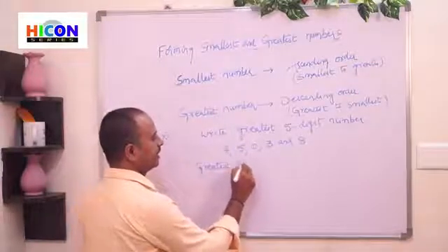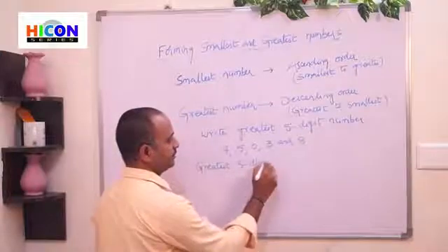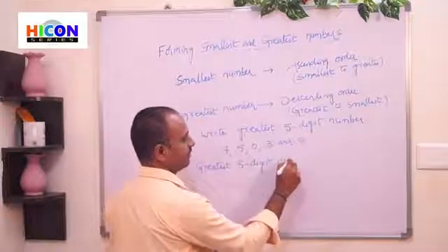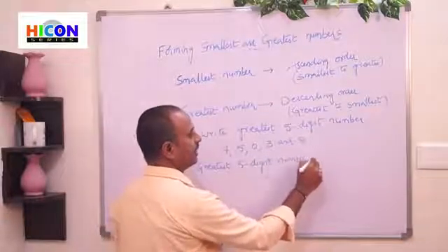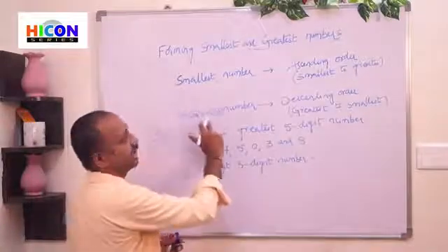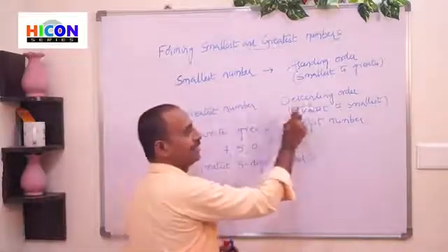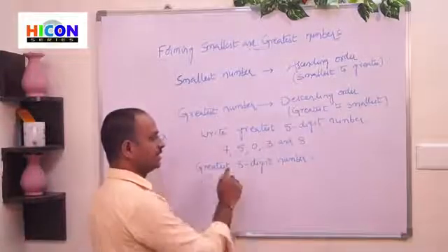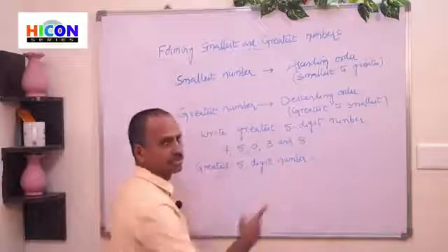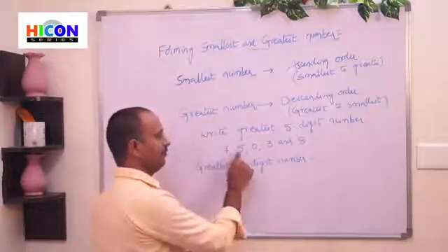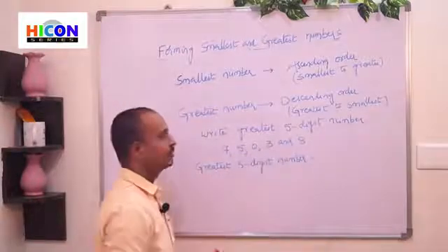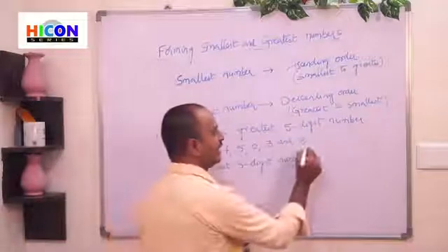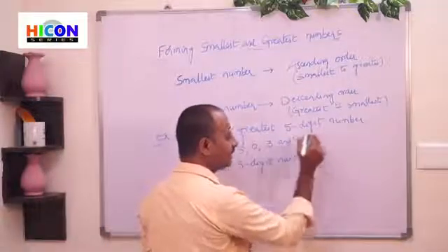The greatest number can be obtained by arranging the given digits from greatest to smallest. Now arrange these digits from greatest to smallest. Among 7, 5, 0, 3 and 8, which one is the greatest? Here 8 is the greatest, so write 8 first.